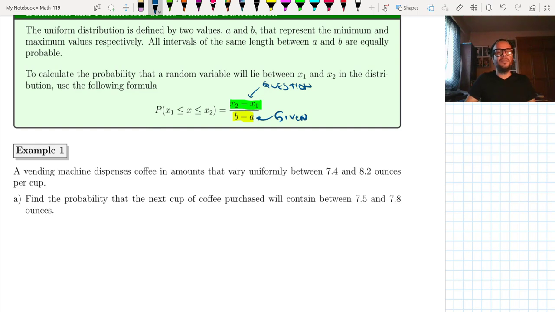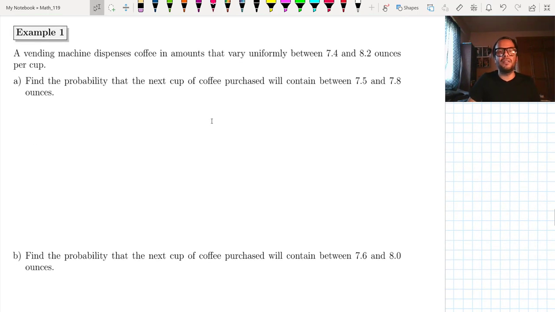Okay, so we have a vending machine that dispenses coffee in amounts that vary uniformly between 7.4 and 8.2 ounces per cup. For example, you go to those coffee machines or soda machines that dispense drinks. Those machines are already programmed. You press the button and it serves, or at McDonald's, they press the button to fill a medium drink.